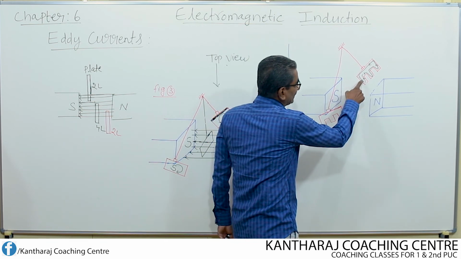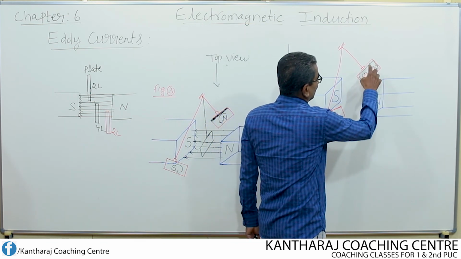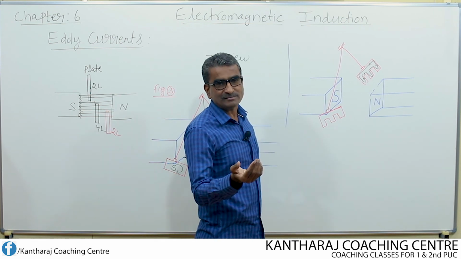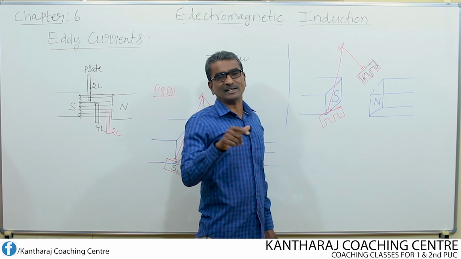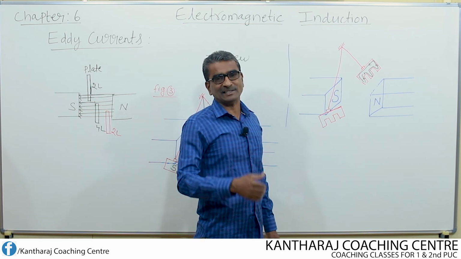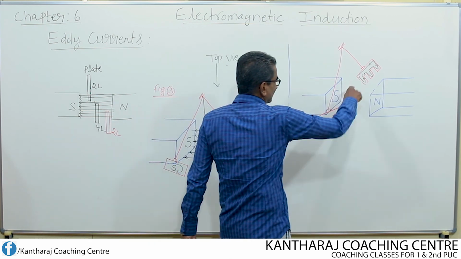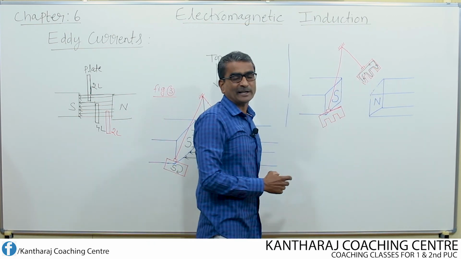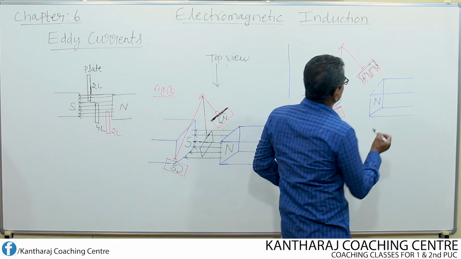So the path length of the eddy current increases. That means the flow of electrons has to face the opposition, and that opposition is nothing but resistance. Once the resistance increases, eddy current decreases. Once the eddy current decreases, finally the oscillation will continue for a long time without getting damped quickly. So what is responsible here?